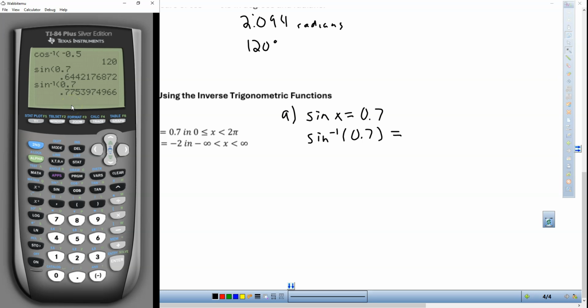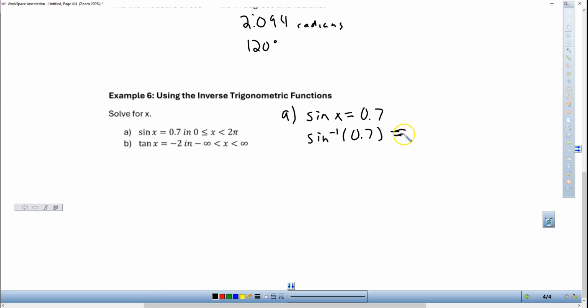And so now I have a value of 0.775, approximately. So let's change that to an approximate. Now, the thing is, this is not necessarily the only solution in this interval, right? It's actually going over into a second interval, because we are now moving from the first quadrant into the second quadrant.